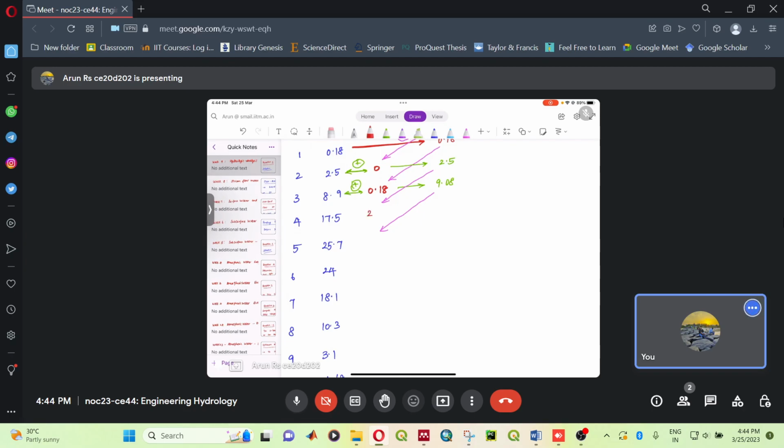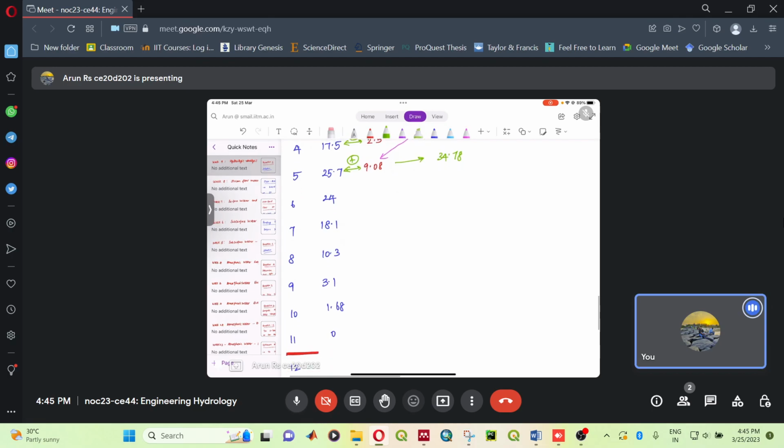So that will be 2.5 and 2.08. Again we need to add this. So this will be 20 and this will be 34.78. So we'll keep continuing until the end. So I have done the calculations. You can try it.